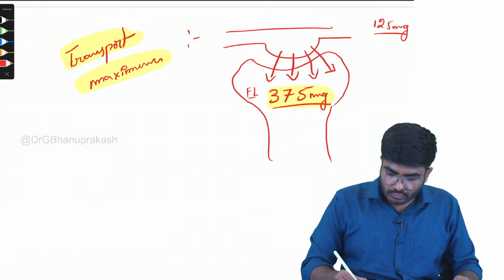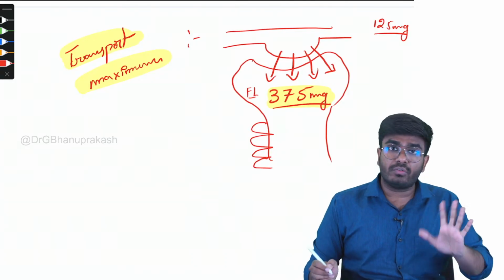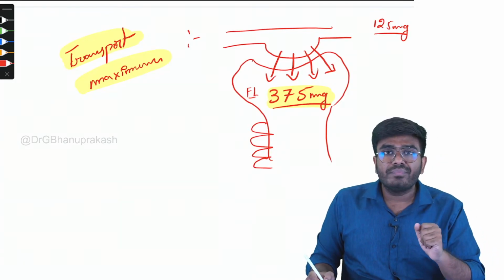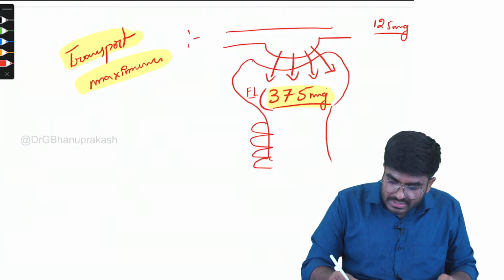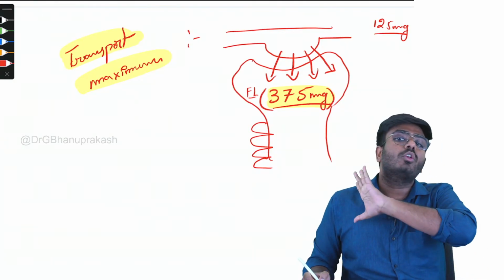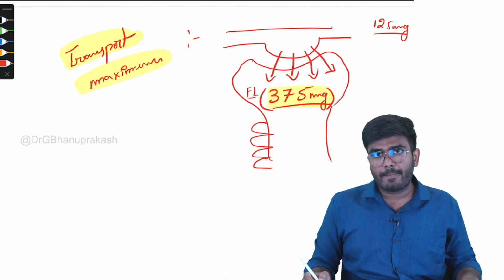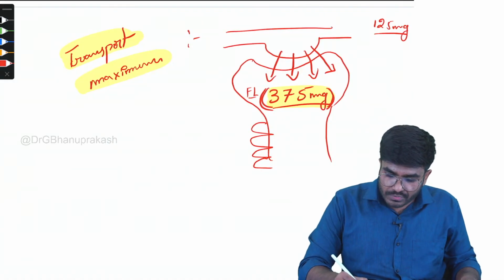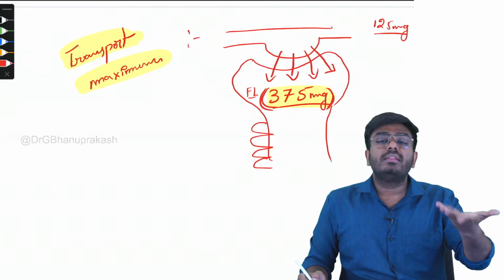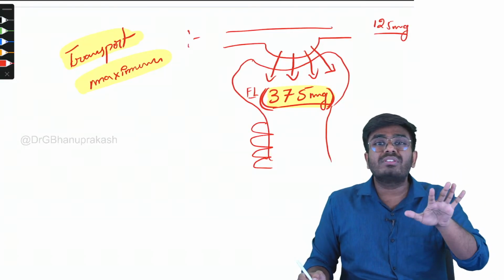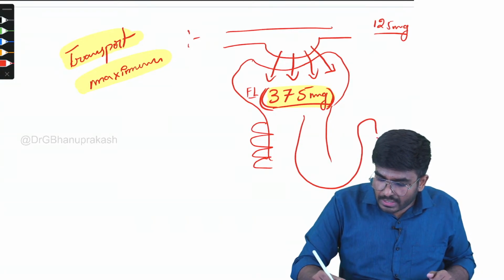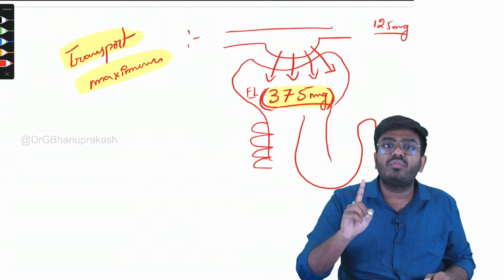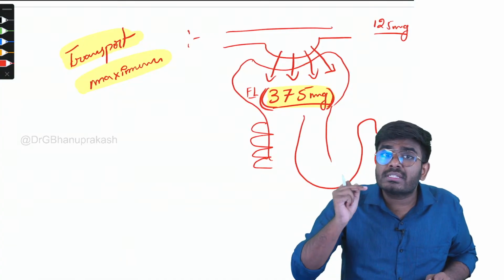Now, your nephrons are not designed to reabsorb this much amount of glucose. So what will happen? If you keep this much amount, no further glucose reabsorption is going to happen. Okay. Now after this value, there is no glucose reabsorption. All the glucose will start to appear in the urine. If you increase the filtered load, please concentrate on my terminology.